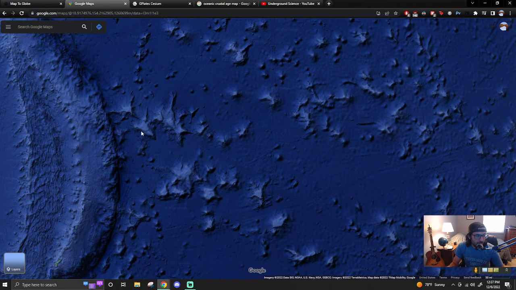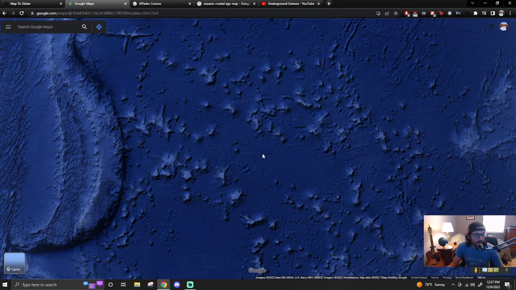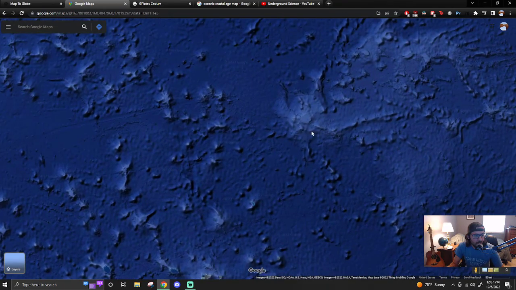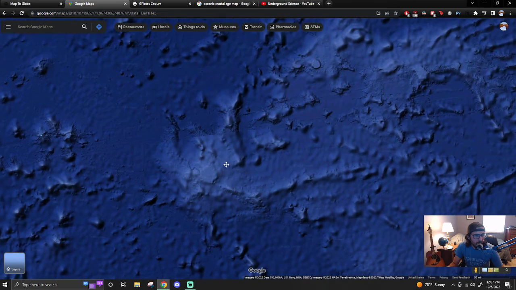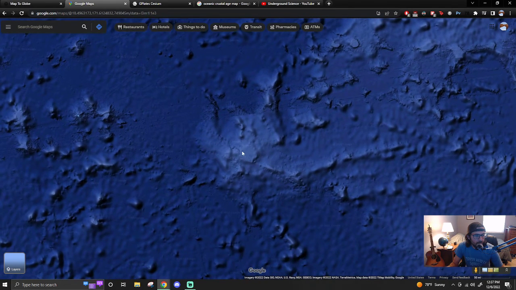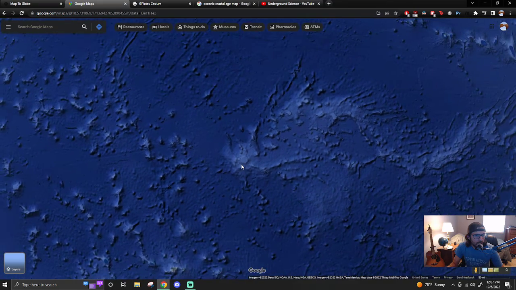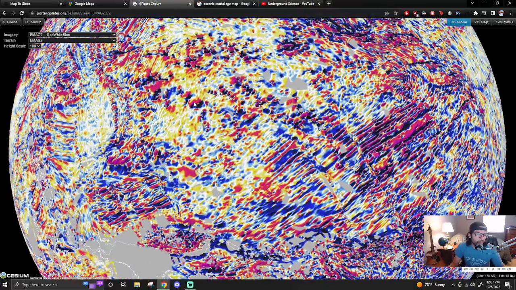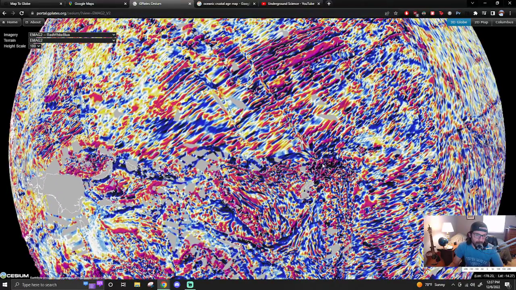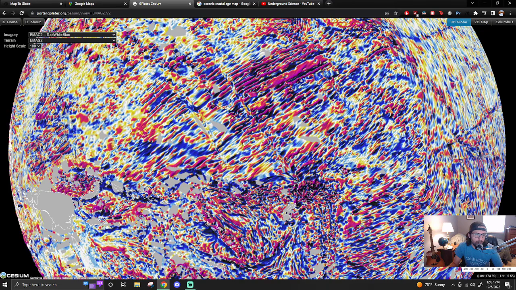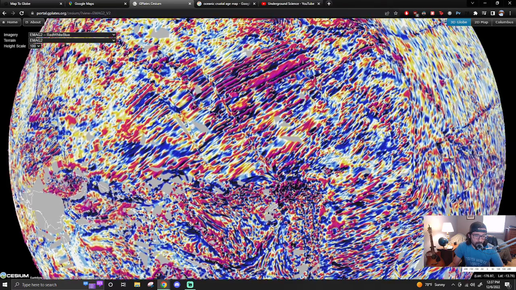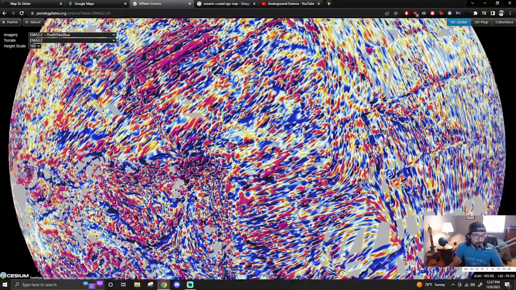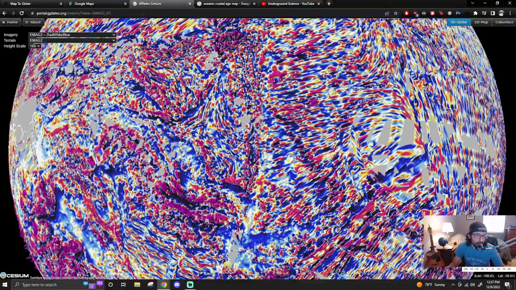Maybe somewhere in this area, I guess. I don't know what to make of it right now, but for sure there's a bunch of these branching things going off, whether or not they're related to this system or just from other currents that are in the region, maybe crossing the region.